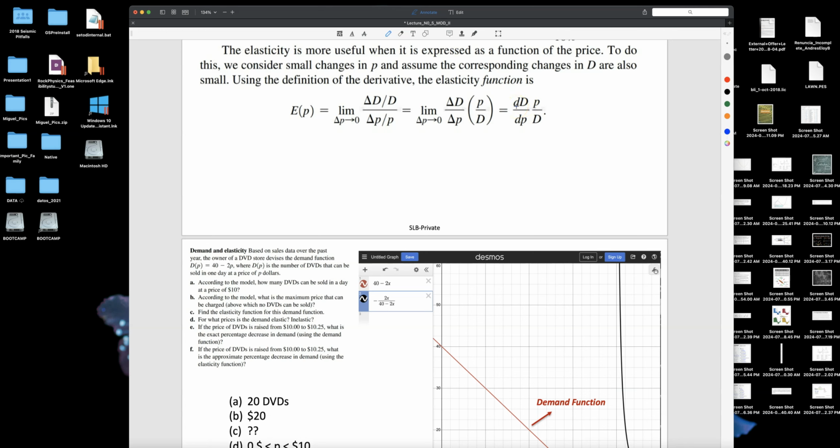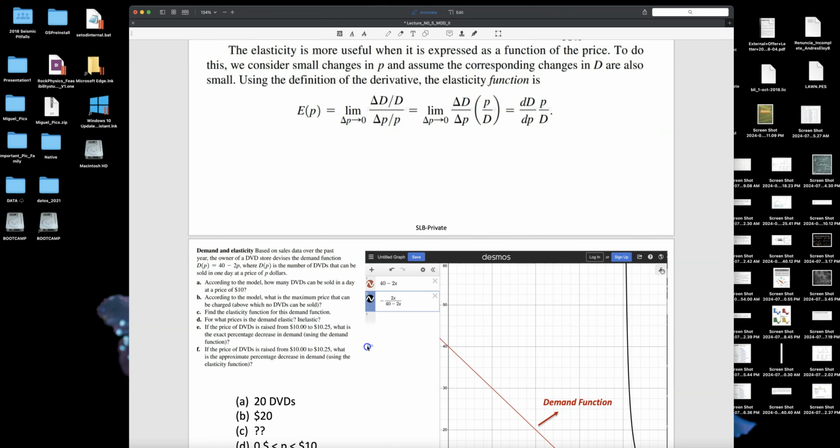It's going to be the derivative of the demand function with respect to the price of selling those DVDs, multiplied by the price, which is the independent variable, and divided by the demand function, which is a function of this variable.